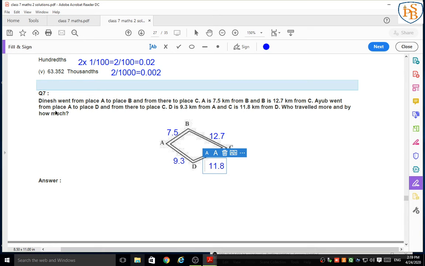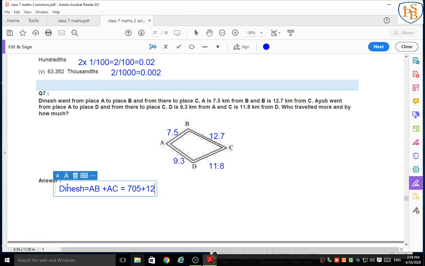Look here carefully. Dinesh went from A to B and from there to C. That means AB plus BC. What will be the answer? That is 7.5 plus 12.7. Okay, by mistake the point is written there.